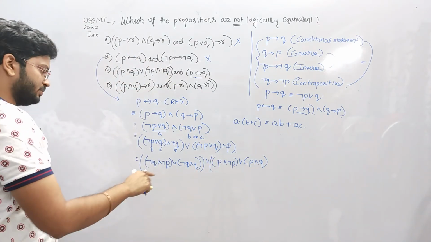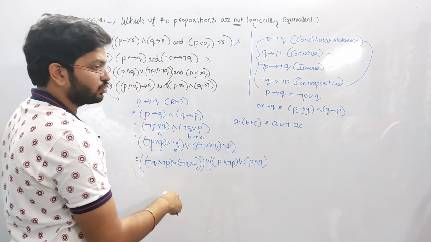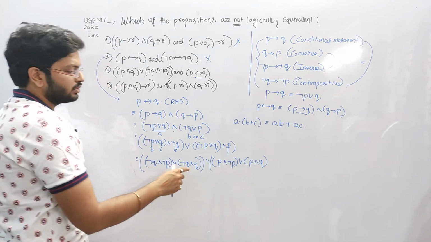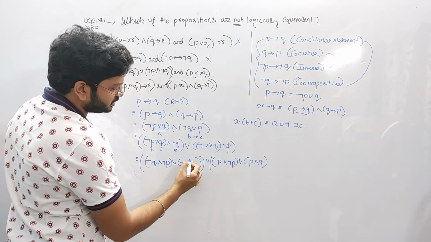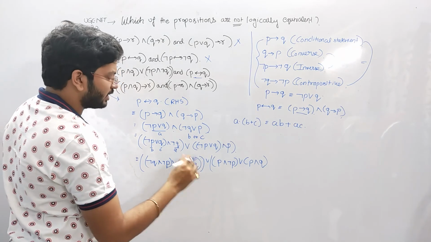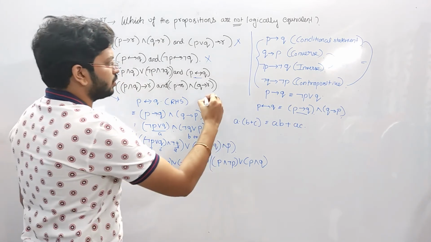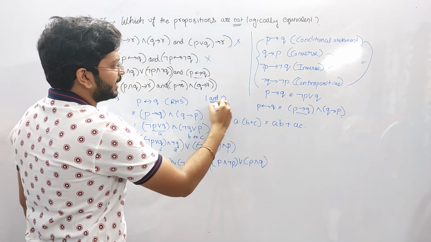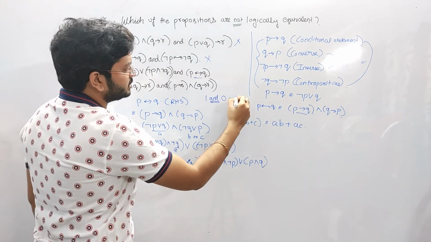Now this part Q and negation Q, true and false, will simply turn out to be false. In this case 0, true and false. This part will simply be 0. 1 and 0, logical operator here, and this is a logical operator, it is 0.